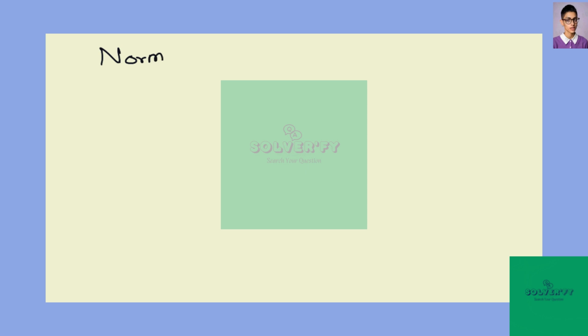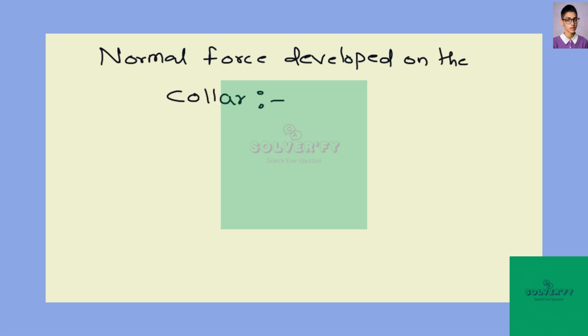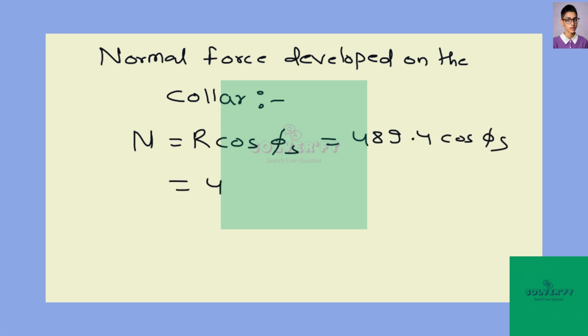Now going further, we will write normal force developed on the collar. So N is equal to R cos phi s. On putting the value here, we will get N is equal to 489.4 cos 11.86 degrees.